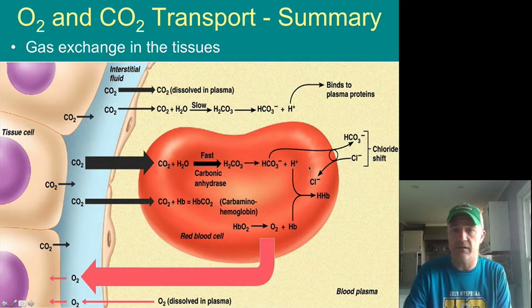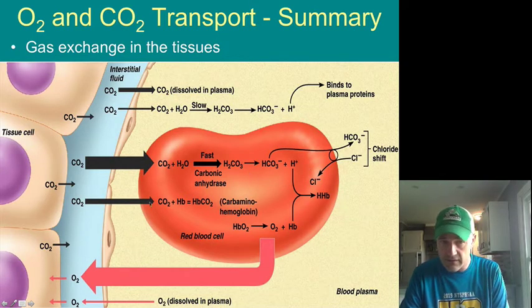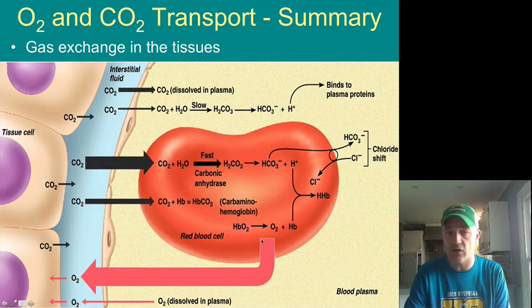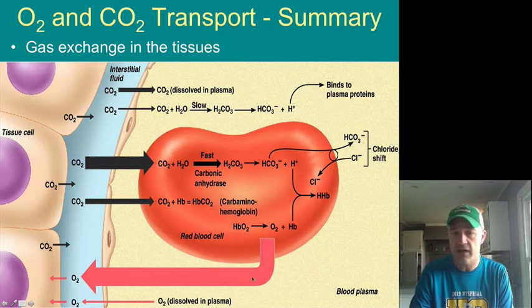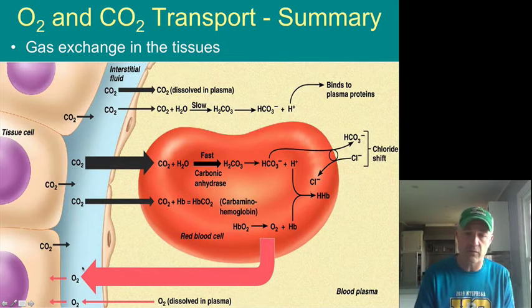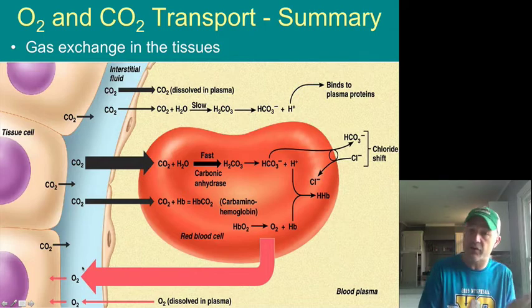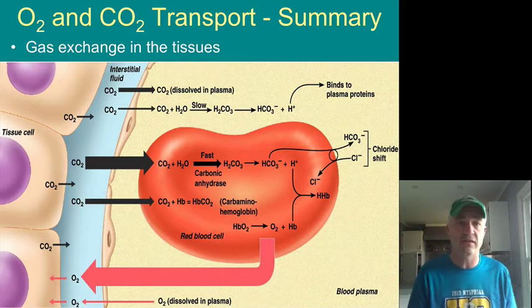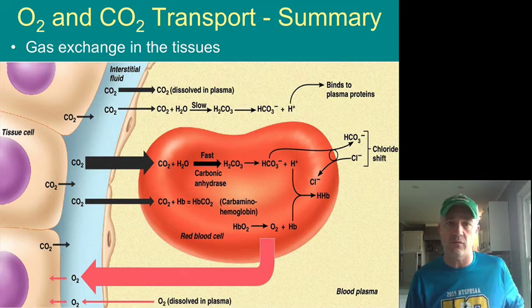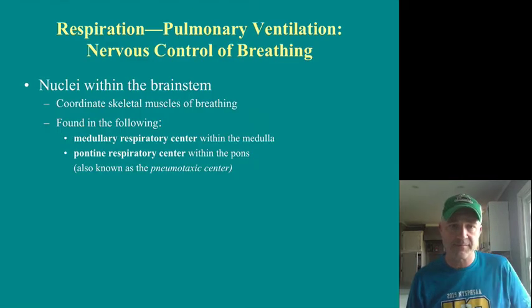Same thing happens in the blood cells, with CO2 going to carbaminohemoglobin. Because the partial pressure of oxygen is much higher in the bloodstream than in the tissues, oxygen is going to leave the hemoglobin and head in, and the little bit that is dissolved in the plasma is also going to head into the tissues. So you can see how this changes based on where we're at and what the partial pressures are.